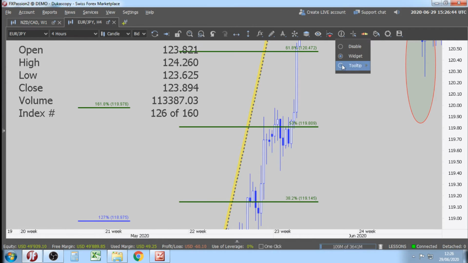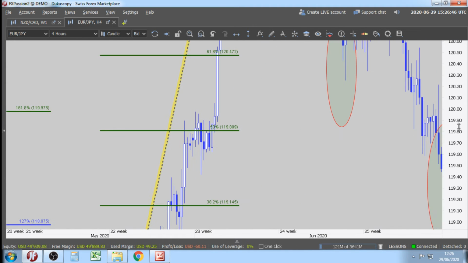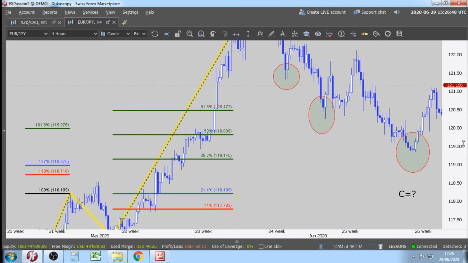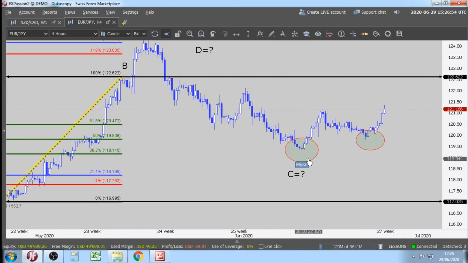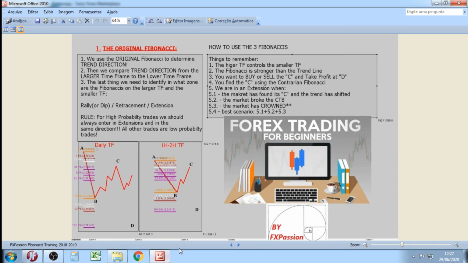Okay, so we're going to disable the widget and we are here. And yes, of course, everybody, here, right? This is the C. And let's talk about trading, right? Number one, we are going to use the original Fibonacci to determine trend direction. Number two, then we compare trend direction from the larger time frame to the lower time frame. 3.